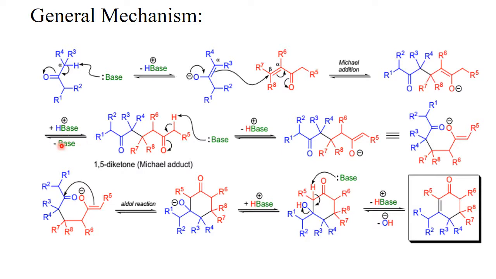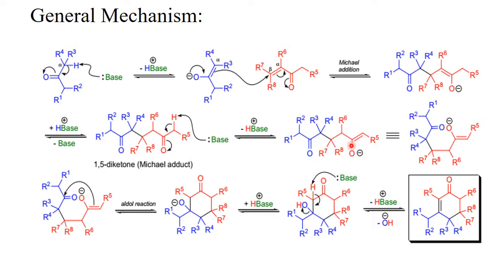This enolate is added to the alpha beta unsaturated carbonyl compound. This addition of enolate to the beta carbon of alpha beta unsaturated carbonyl compound is called Michael addition.